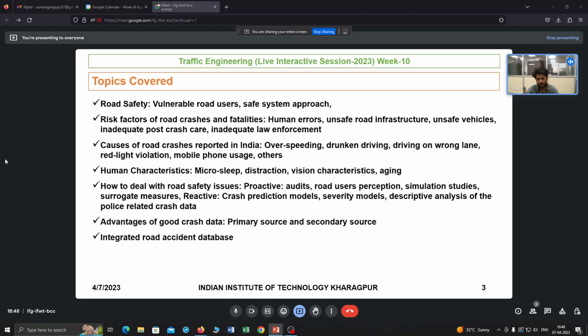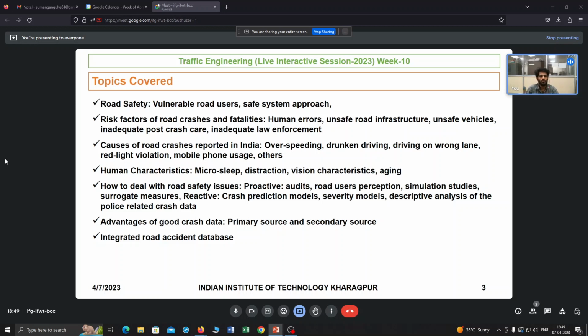Let's discuss what factors are responsible for road crashes as well as fatalities, right? First, obviously, because in traffic engineering humans drive the vehicles on the road, human error is going to be one of the risk factors. What are examples of human-related factors?